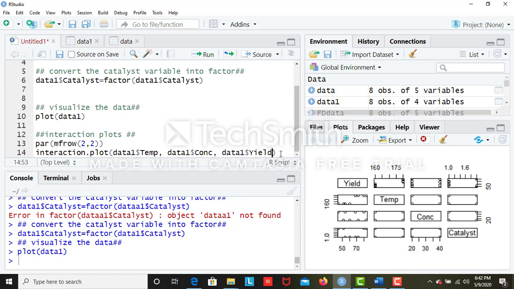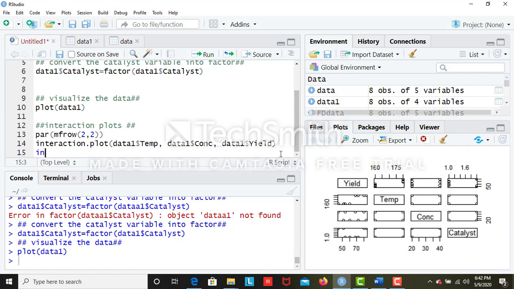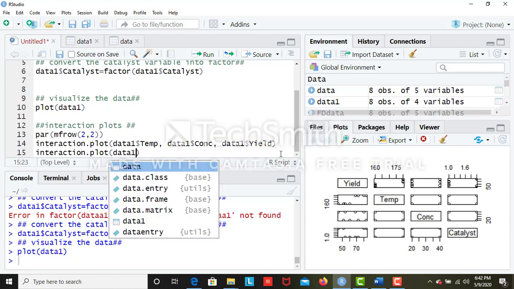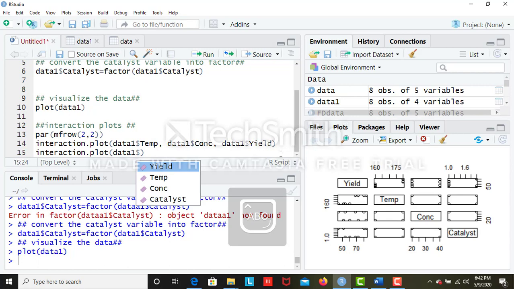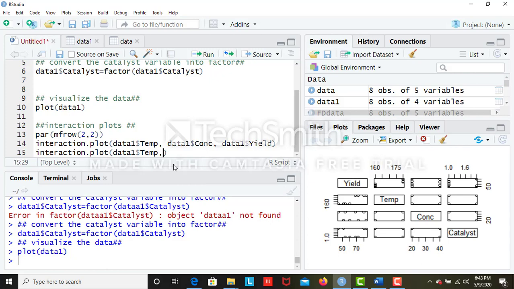Alright, so then I'm going to also have another interaction plot. Since I'm going to have 3 factors, I should have more than 1 interaction plot, actually 3 interaction plots. Then data 1 temperature, and then data 1 catalyst, and then yield.